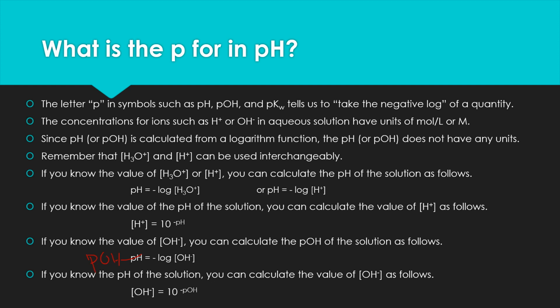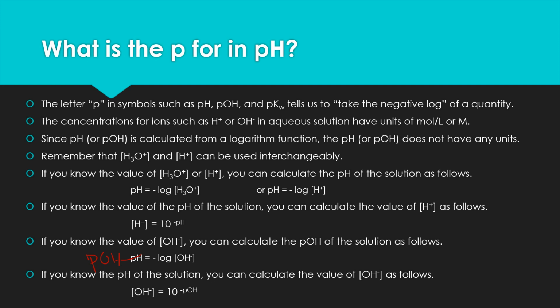Sorry, I'm writing with my finger here. It's not pretty, but pOH is the negative log of the hydroxide, the OH. So we again hit the negative and the log button, put in the concentration of our hydroxide, and we get pOH. And we'll talk about how pH and pOH are similar but opposite scales from each other and what they really represent on the next slide.